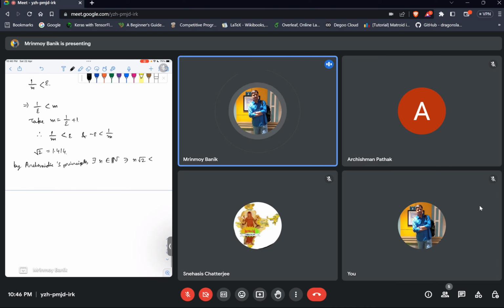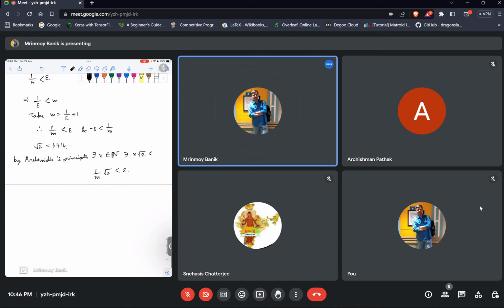We want to find a number such that this is less than epsilon.